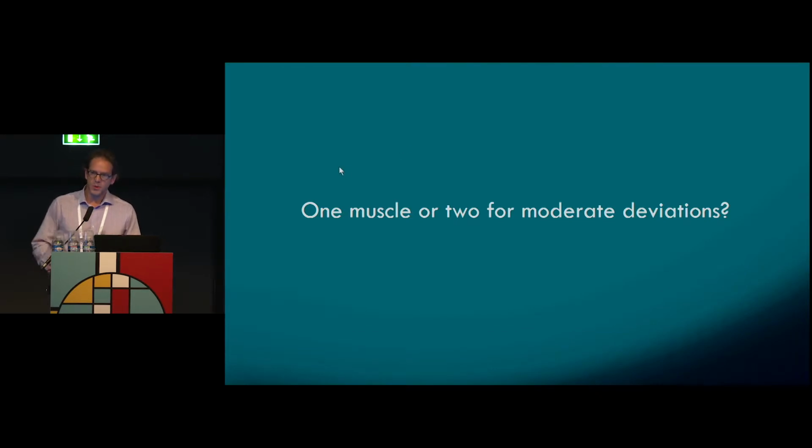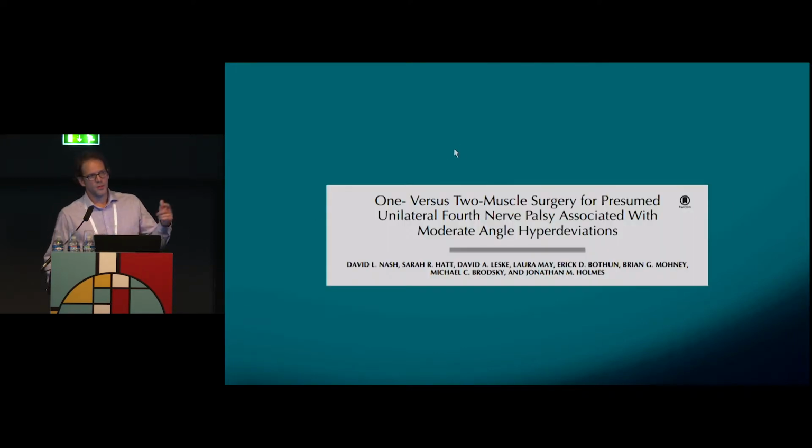So what's the difference between 1 and 2 muscle surgeries for these moderate angle deviations? How are they different? I think that's the first question we ask before, what's better? So during my fellowship, we published a report in 2017 looking at these two groups, looking at unilateral fourth nerve palsies measuring 15 to 25 prism diopters, all of whom had presumed unilateral fourth nerve palsies.